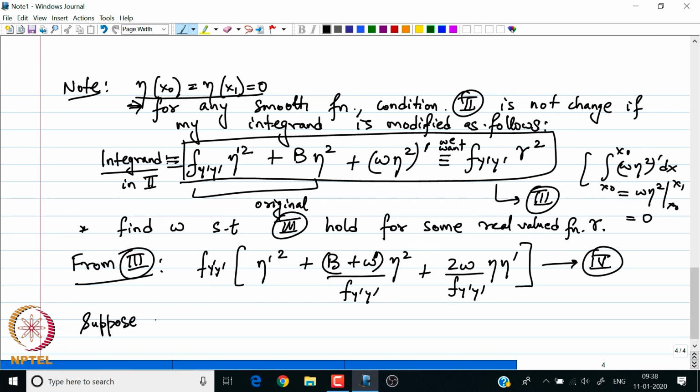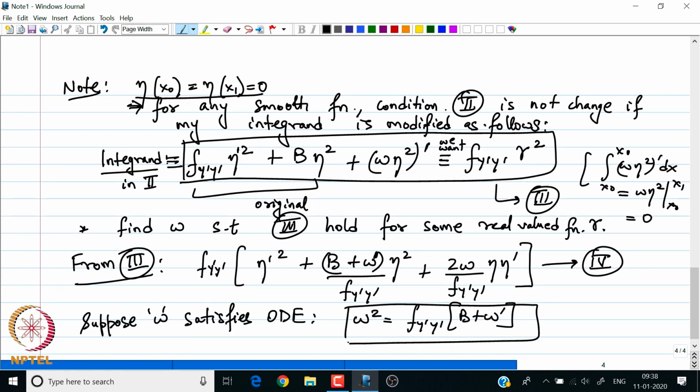Suppose my omega satisfies the ODE given by omega square equals f y prime times b plus omega prime, right. If that is the case, this holds for all x in the interval x0 to x1.